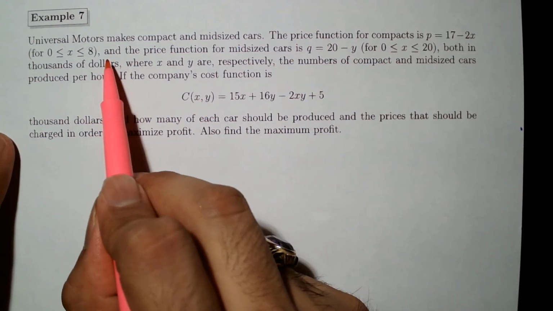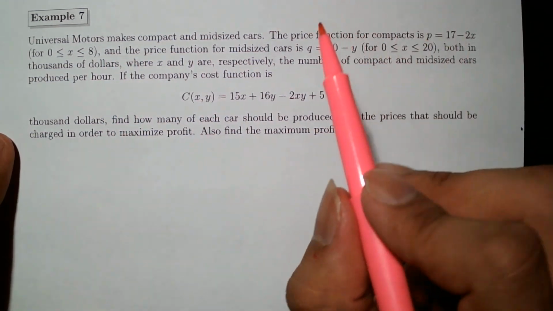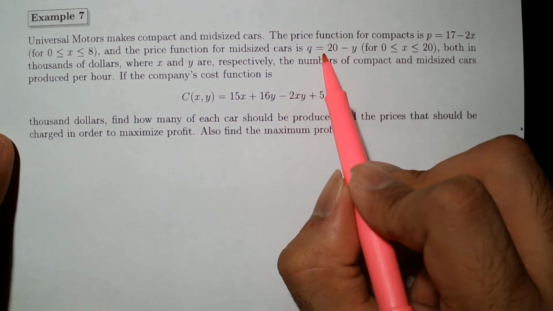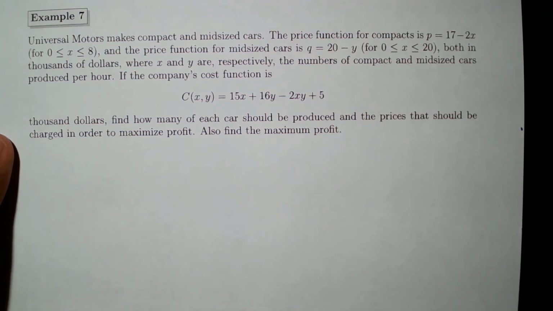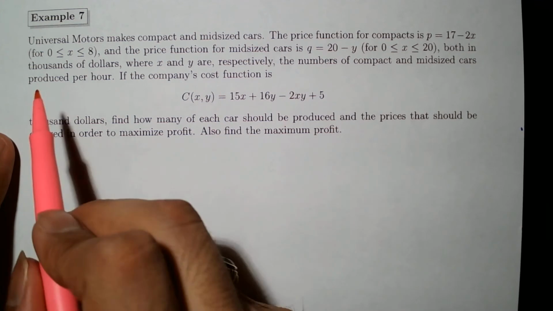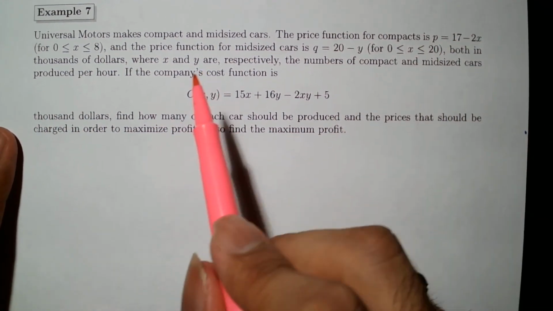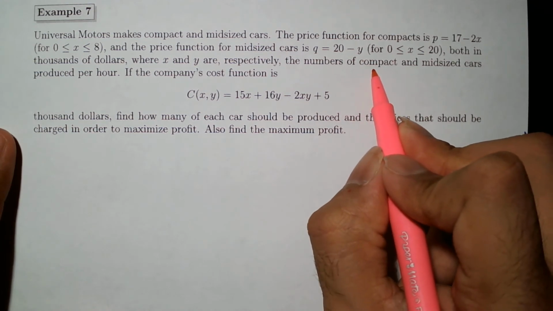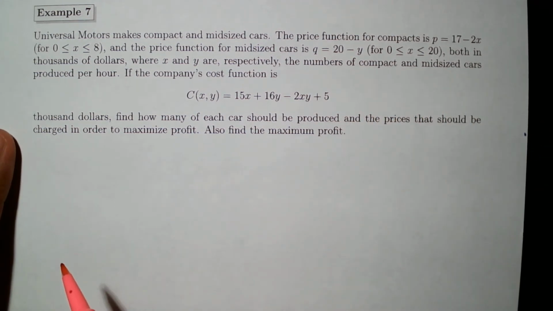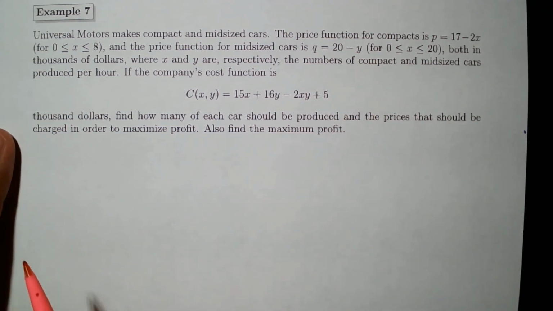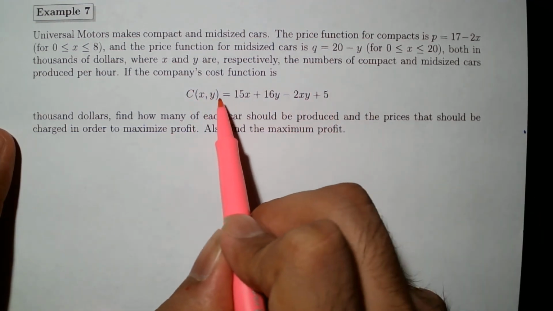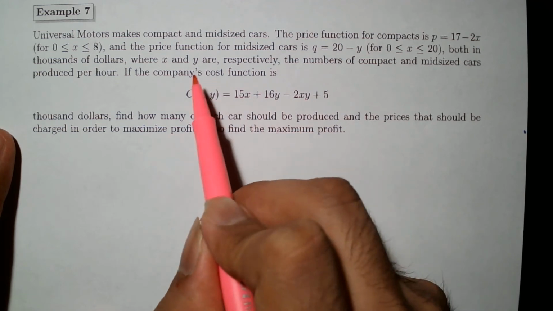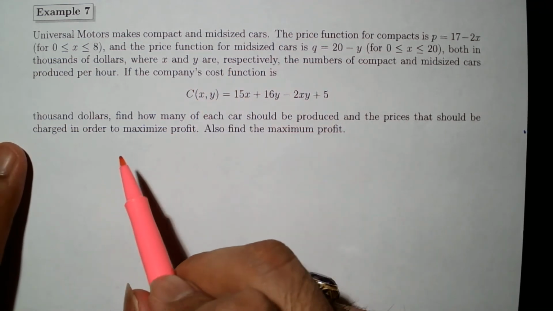And the price function for mid-sized cars is Q equals 20 minus Y. Both are in thousands of dollars, and again, X and Y are the numbers of compact and mid-sized cars respectively. Now, the company's cost function is all this, a function in thousands of dollars.